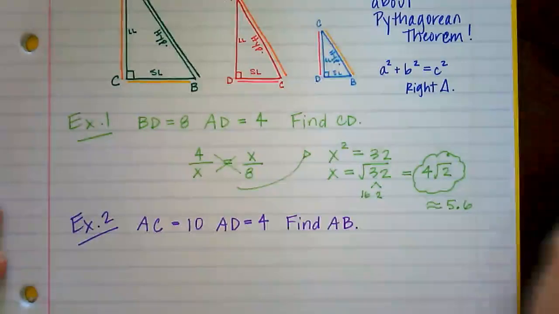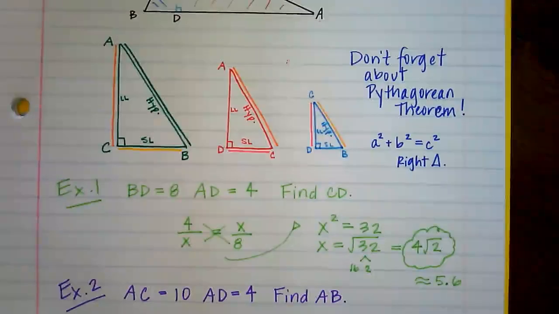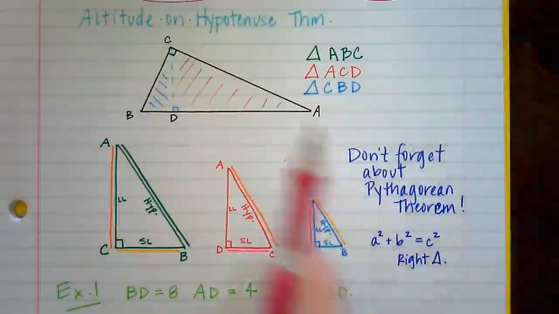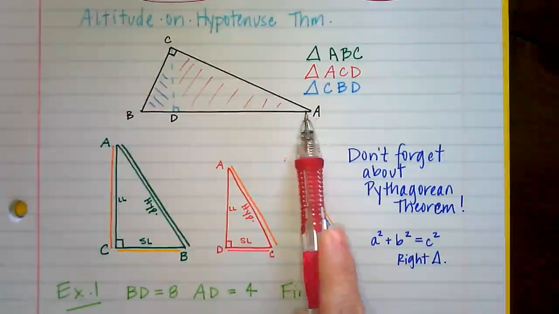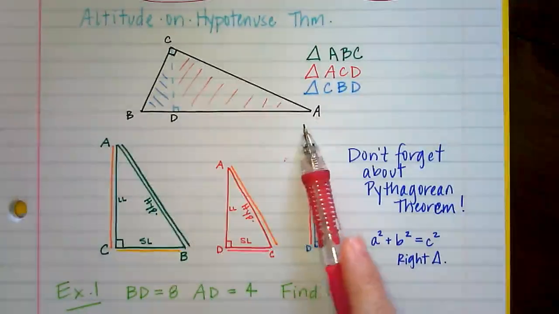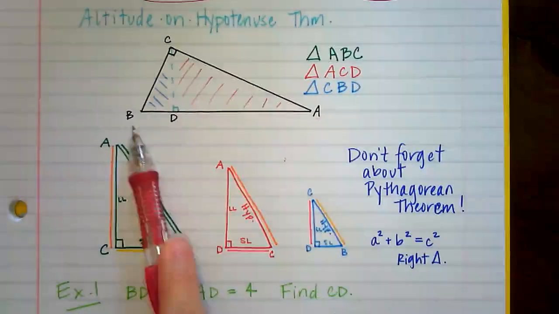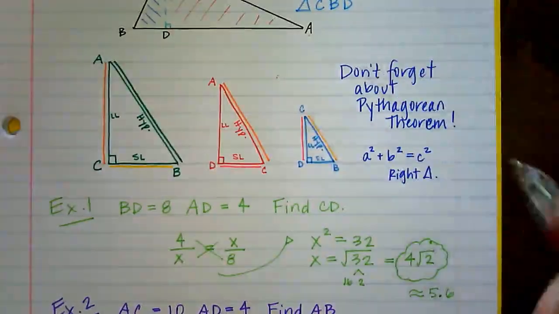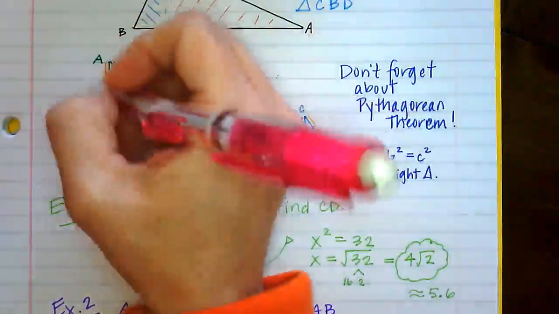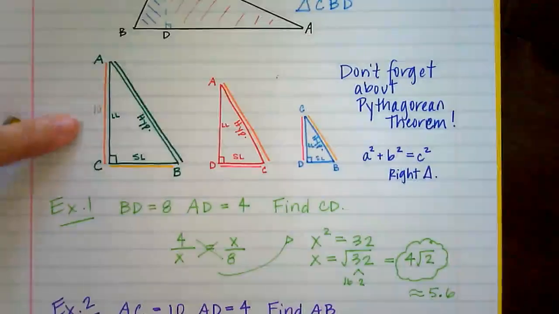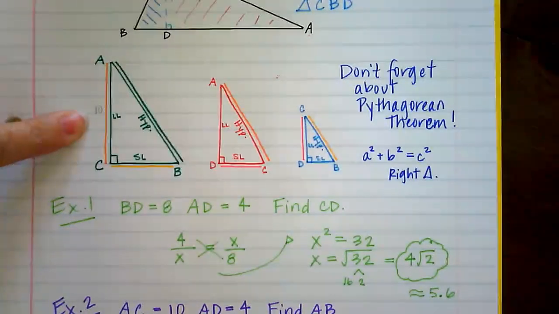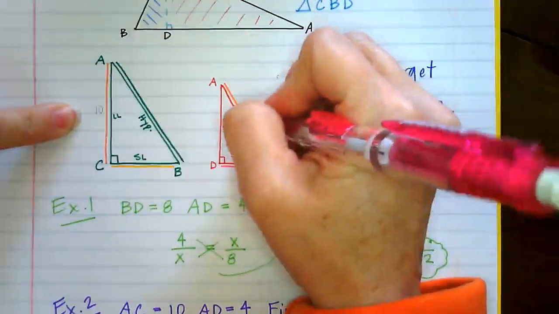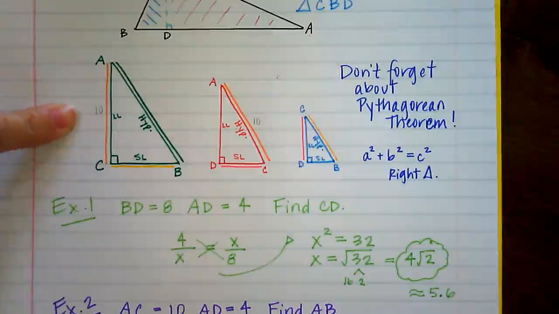All right, so now if we go back up here to our pictures, so AC is 10, AD is 4, and we're looking for AB. All right, again, I like mine separated here. So AC is 10, so here's AC, and I can tell by my color coding that that is found in another triangle, and the long leg of Papa Bear is the hypotenuse of Mama Bear.